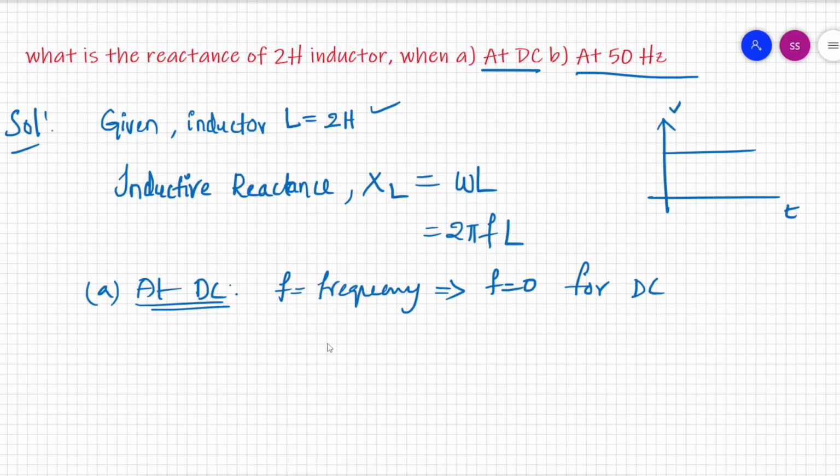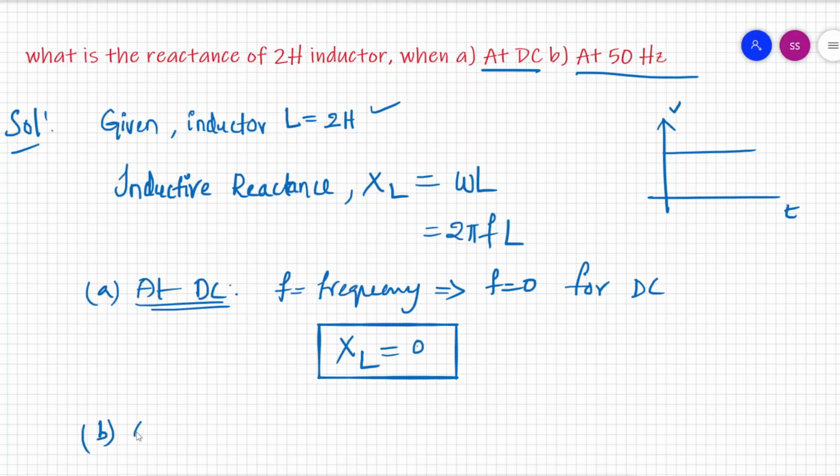That's why there is no frequency. So if you substitute the value, XL for DC will be 0. Okay, there is no effect of inductor in a DC supply, under steady state condition. Under transient condition, it will act as open circuit. So that I have discussed earlier.